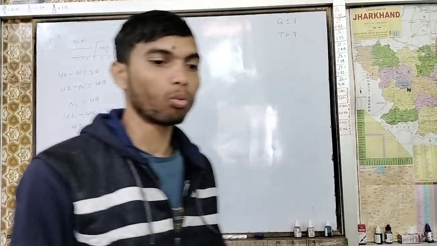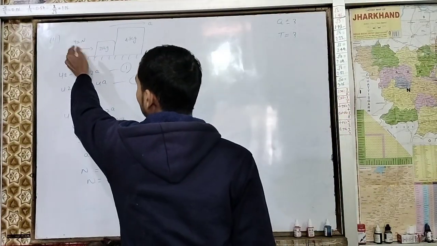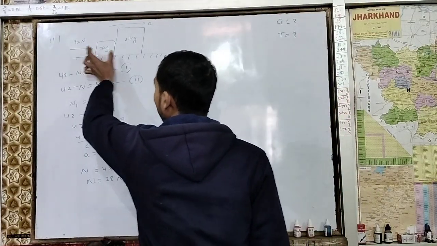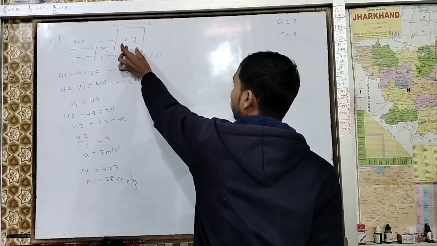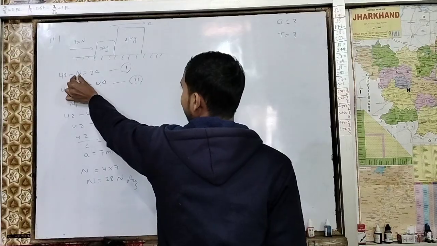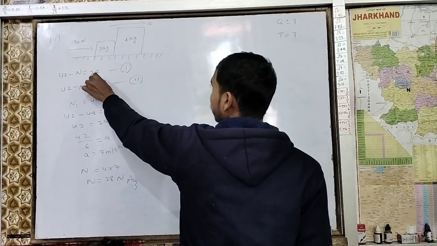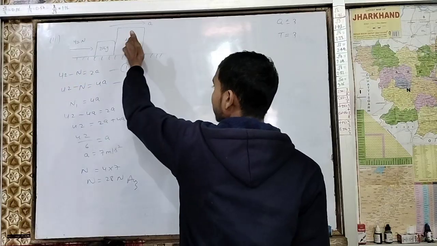Now see what we did. We did just this force minus N of the second body. So this F2 minus N is equal to MA, M into A for the second body.